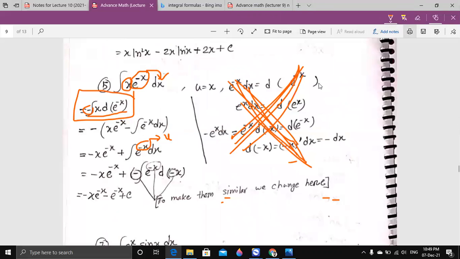So I came here because we have e to the power minus x dx. So we can use the substitution rule here. That is, for minus x, we can let minus x is equal to u.